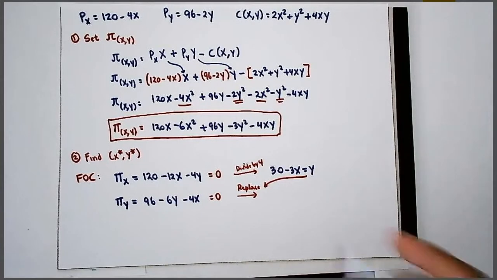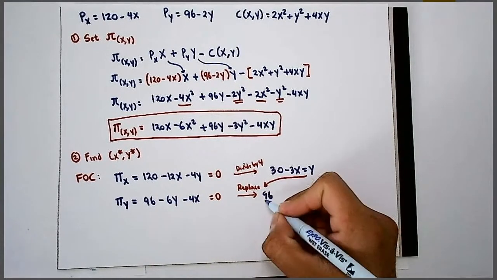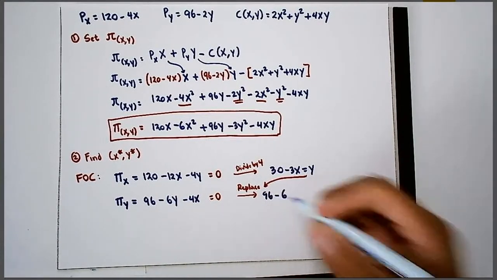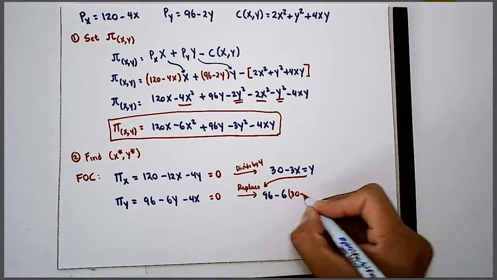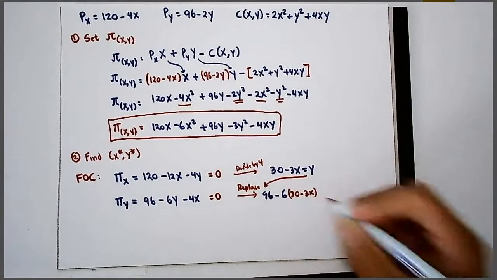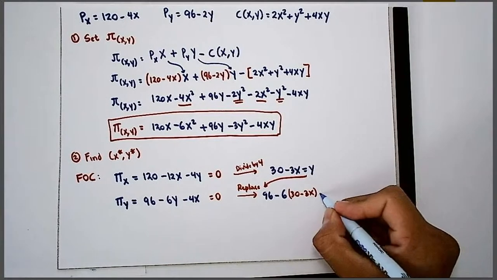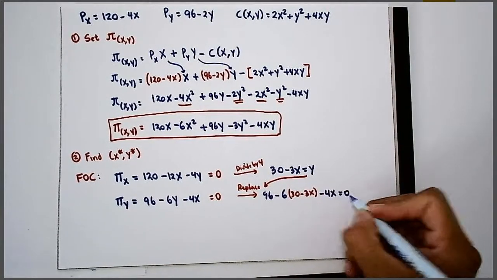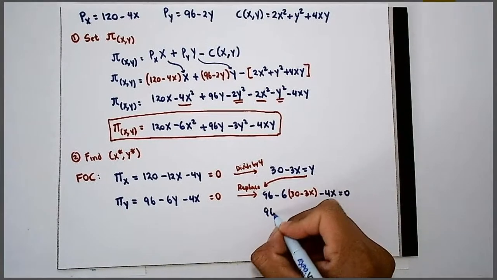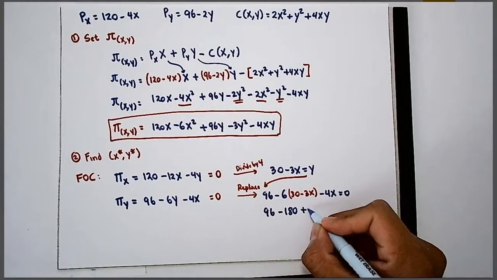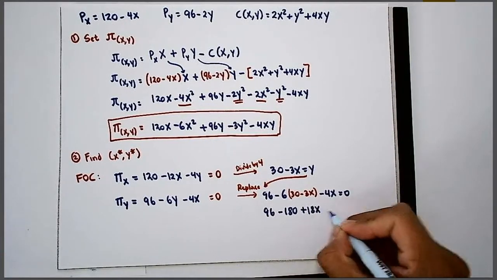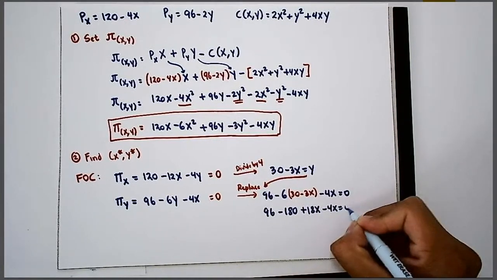So here we have 96 minus 6 times y, but instead of y, we're going to write 30 minus 3x, minus 4x equals 0. So this is 96 minus 180 plus 18x minus 4x equals 0.